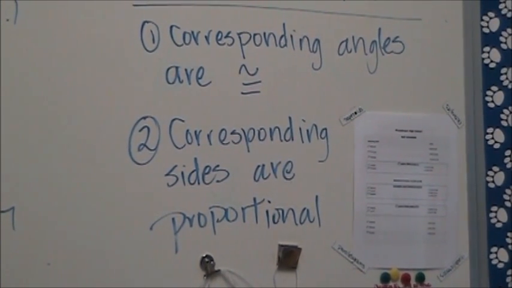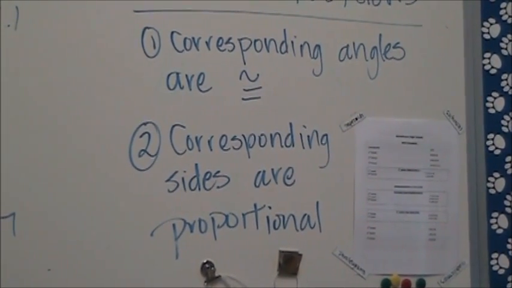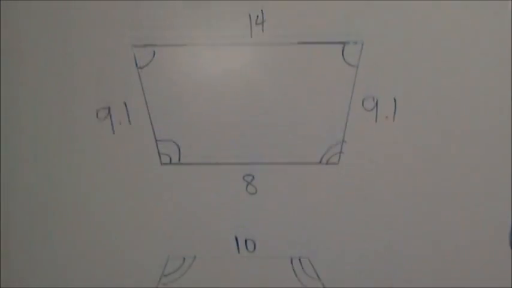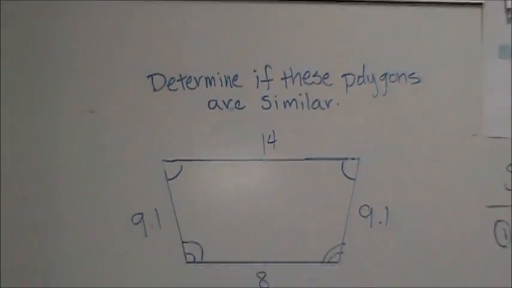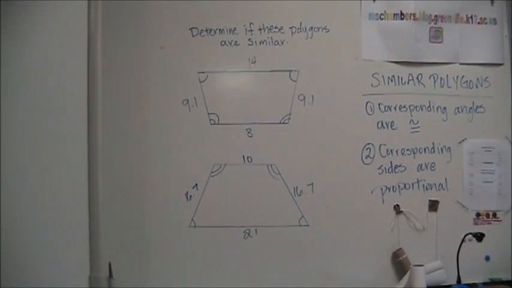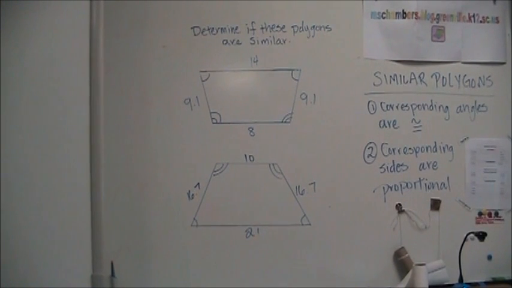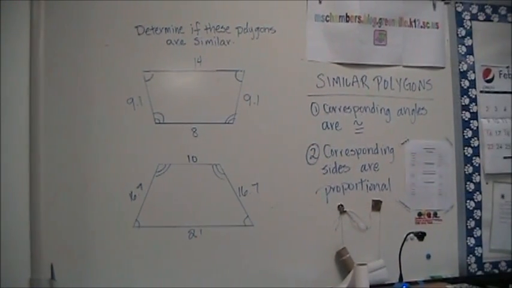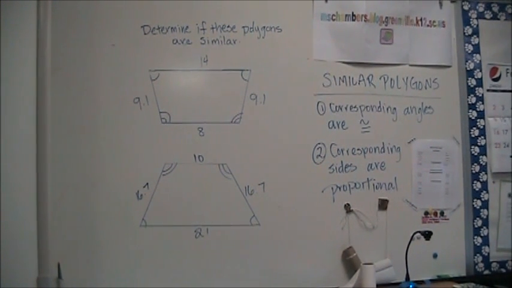So those are our two things that we need to look for when we're trying to determine if two polygons are similar. So in this example, I have what looks like two trapezoids, and I'm trying to determine if they are similar or not. So I use that setup of, are the corresponding angles congruent and are the corresponding sides proportional?